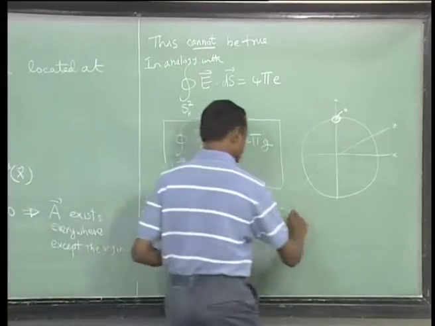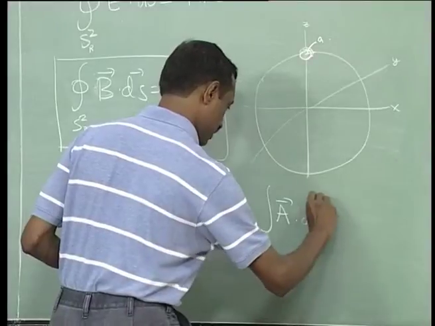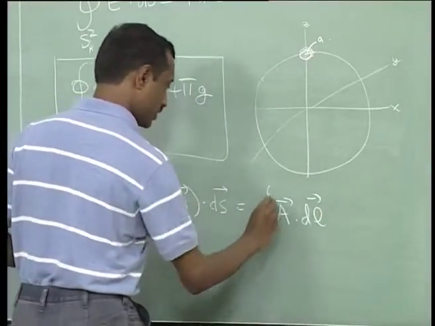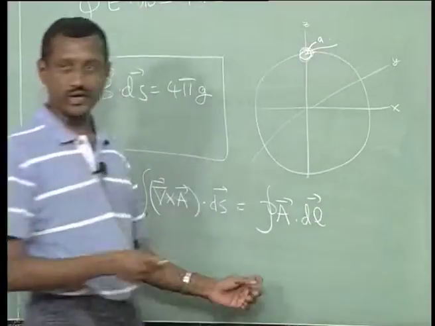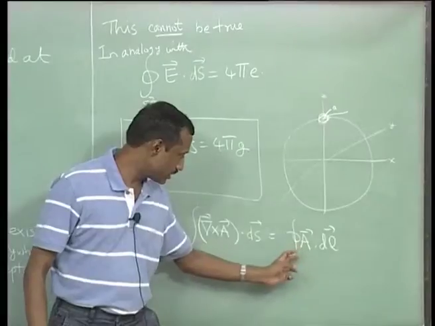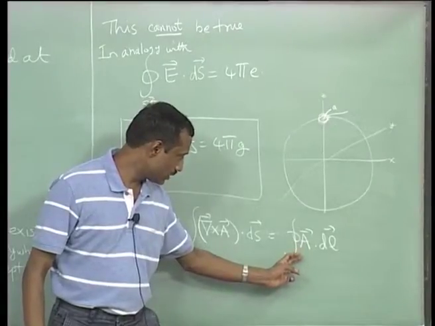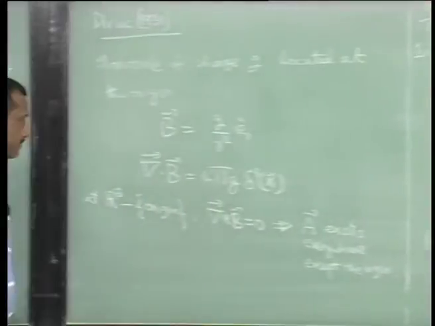So this is equal to the integral of A dot dl, a closed integral over this boundary, with some orientation. I am not worrying about that, you can take care of that.